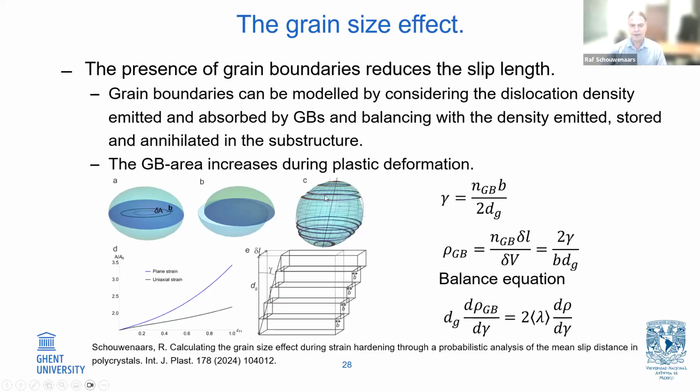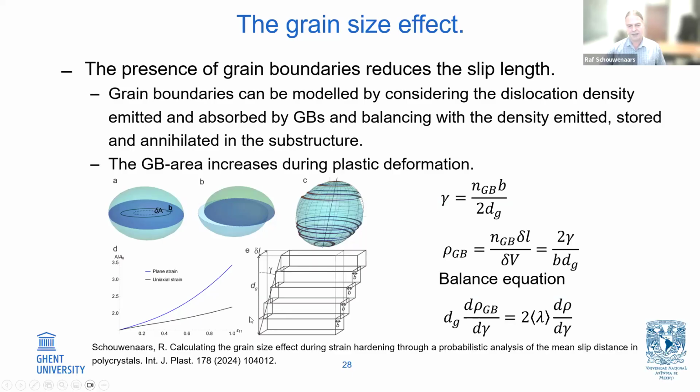They will form small steps of the magnitude of the Burgers vector on the surface of the grain, and what was a sphere which has a small volume area becomes an ellipse with a larger volume area. And the increase in grain area is here given for uniaxial strain, for plane strain. So even at relatively low deformations, the increase is important.